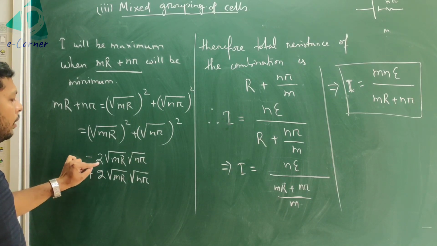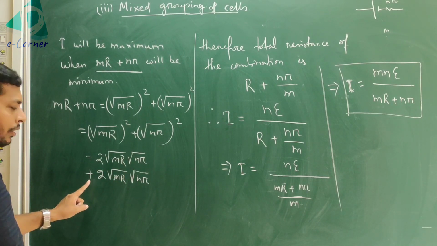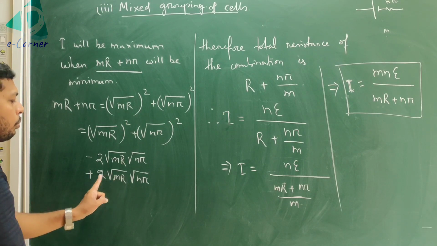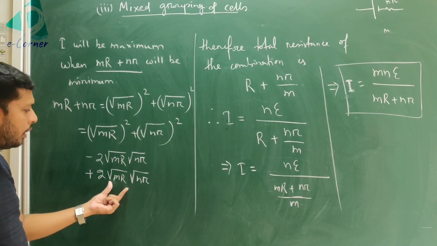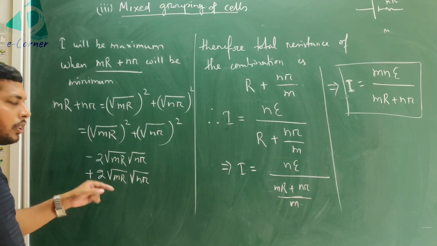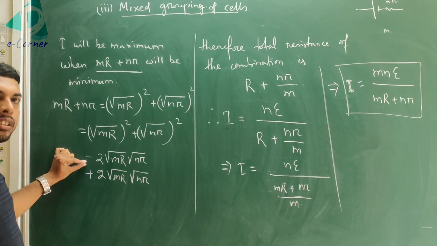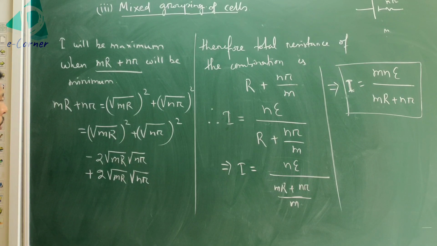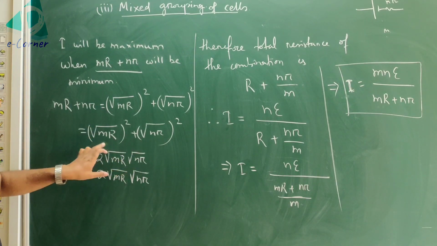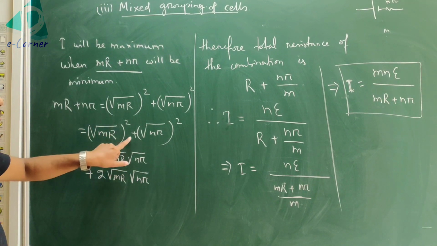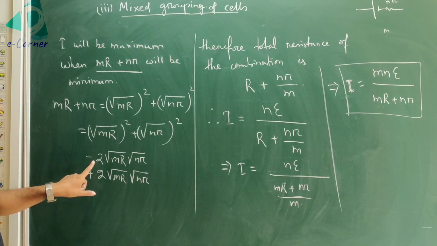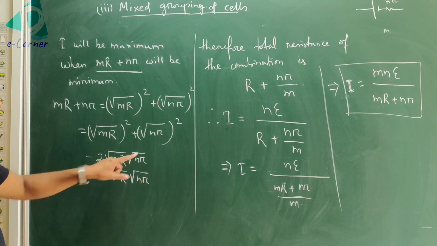First one is minus 2 of this one. Again, next one is plus twice this one. So these two will cancel. I have done one minus and one plus. Now I will consider these three terms. This one is a square plus b square minus 2ab.